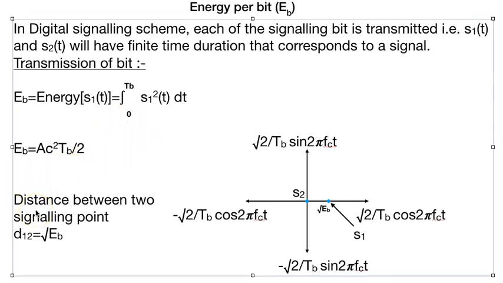And the distance between the two signaling points is equal to under root EB. Remember this. So the distance between two signaling points, which could be the AC, the amplitude of that signal, is under root EB. Till now, I have just shown you the parameters, that it's under root EB. These are the two signals, where S2 is 0 and S1 is under root EB.